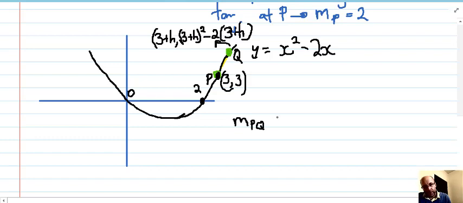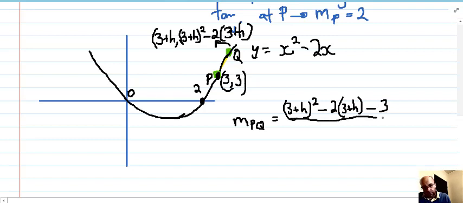The gradient of PQ is the difference between the y's, so that's going to be (3 plus h) all squared minus 2 lots of (3 plus h), minus 3, over, well, the gap is called h again, but really in full it's 3 plus h minus 3, which obviously is h.